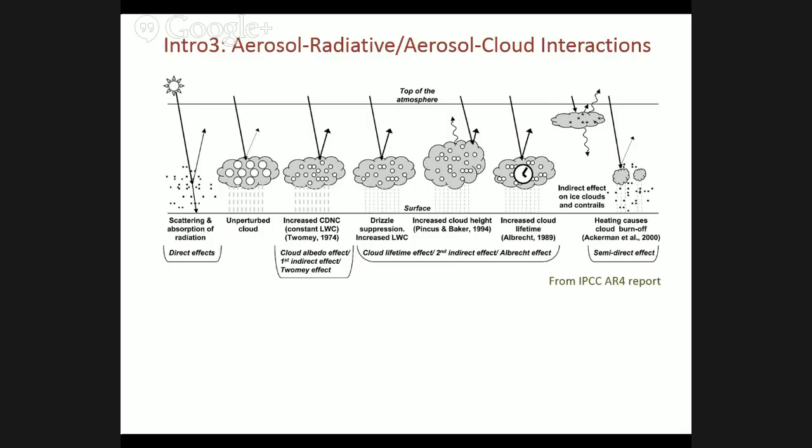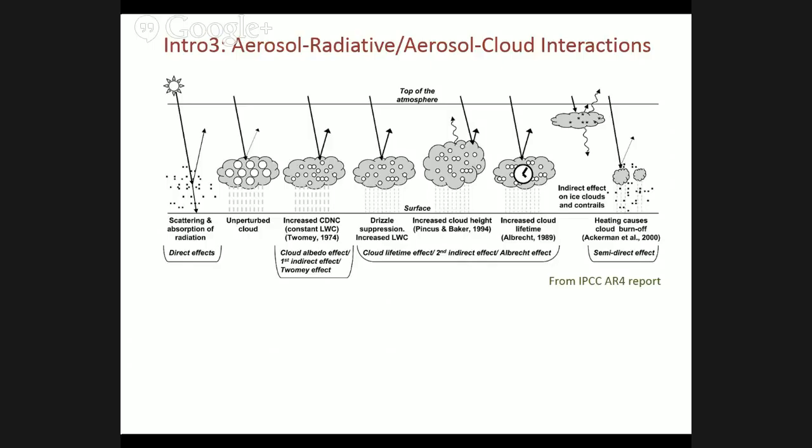It's also called the Twomey effect. It was discovered as early as 1974. When you have these small aerosols suspended in the air, they can provide a surface area for droplets to form, or for vapor to condense on. These are called cloud condensation nuclei.